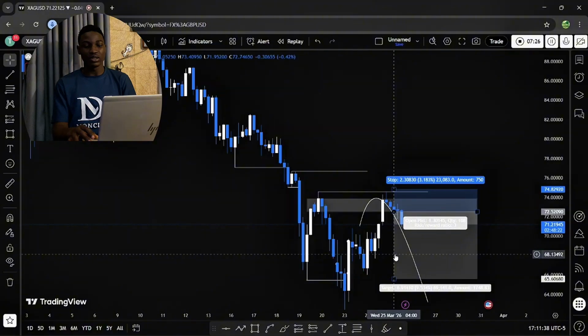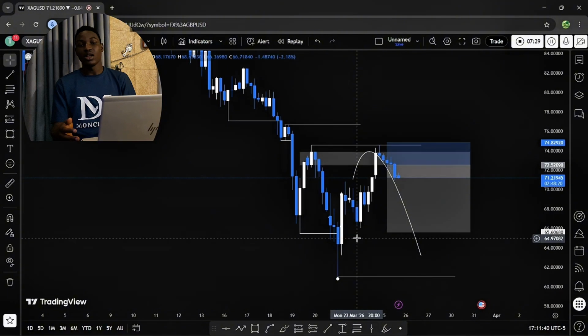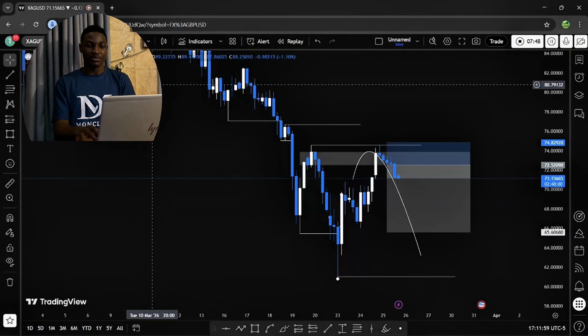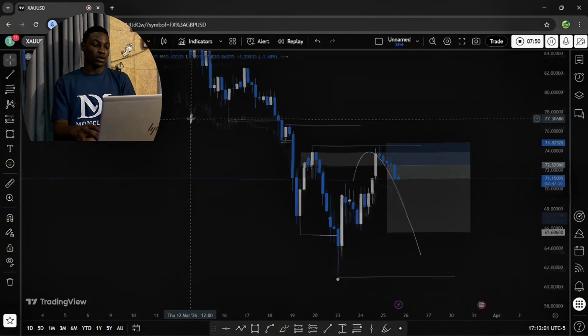But even if it hits TP, it does not really affect us, because even if the primary time frame, which is the 4-hour, is bullish, it does not really mean that we lost this trade, because it wasn't really part of our strategy. For swing trading, we need the higher time frame to also be in the same direction of movement for us. So today's price action was actually very boring.